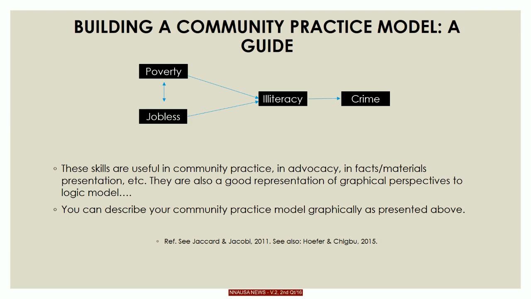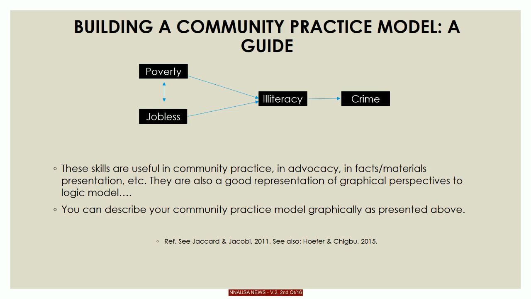Uh-oh. I added a mediator variable. So the mediator variable here is illiteracy. Why is it a mediator? It is a mediator because it mediates the relationship. It stands in between crime, which is the overall dependent variable, and poverty and joblessness, which are the independent variables.